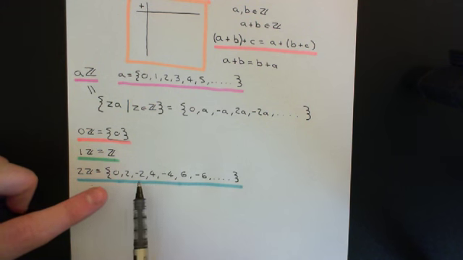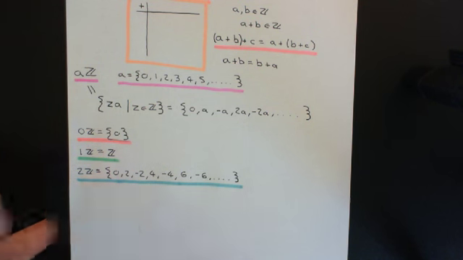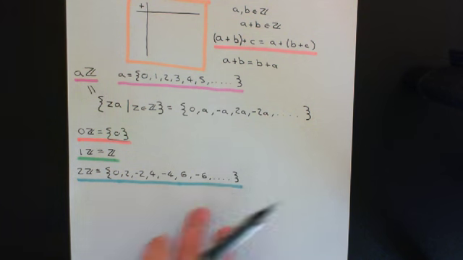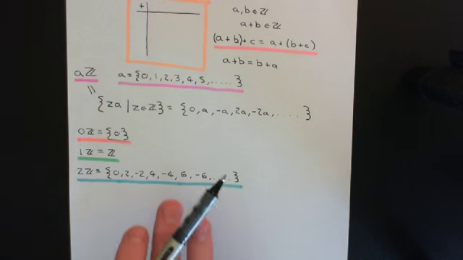So basically, when you add 2 integer multiples of 2 together, you get another integer multiple of 2. Hopefully that should be obvious. When you add 2 even numbers together, you end up with another even number. So this is closed. Whenever you add any 2 elements together here, you're always going to end up with another one in here.